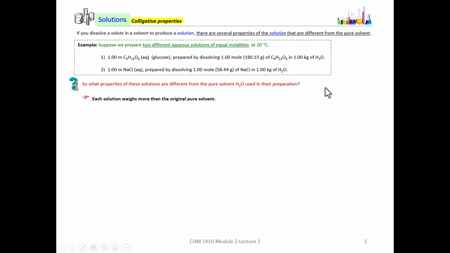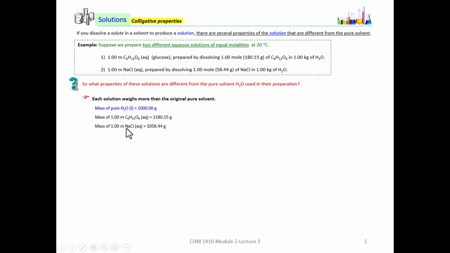Well, some of these properties would be obvious. The first would be each solution would weigh more than the original pure solvent. So for example, each solution has 1 kilogram of water, so the pure solvent weighs 1,000 grams. The 1 molal solution of glucose would weigh 1,180.15 grams because we added 180.15 grams of glucose to the 1,000 grams of water.